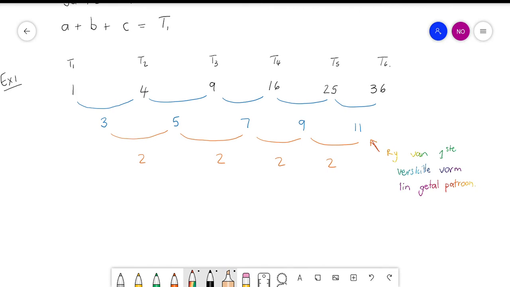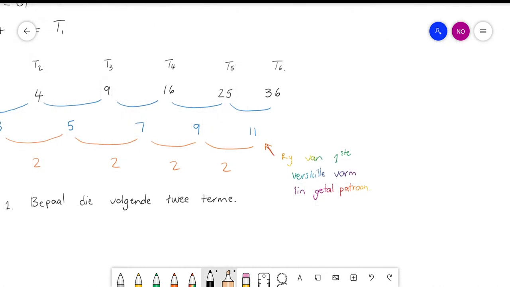I'm kidding. Okay. So, kom ons sê vraag 1. Determine the next 2 terms. In other words, I'm looking for term 7 and term 8 of the quadratic number pattern.